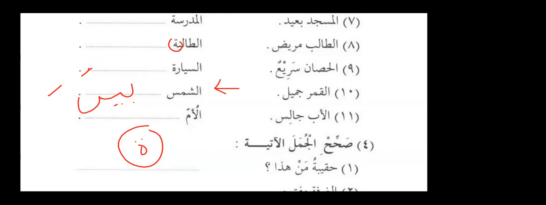In the Quran, Allah refers to Ash-Shams as feminine, and he also refers to other nouns like Al-Ard, the earth, as feminine.